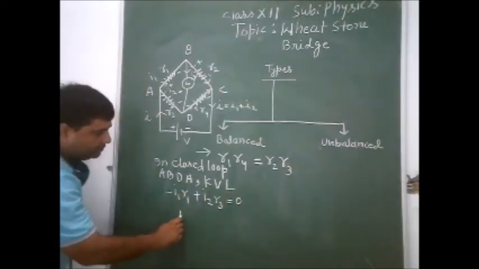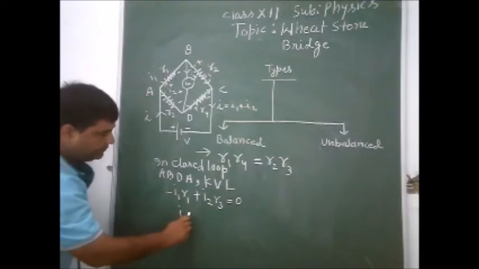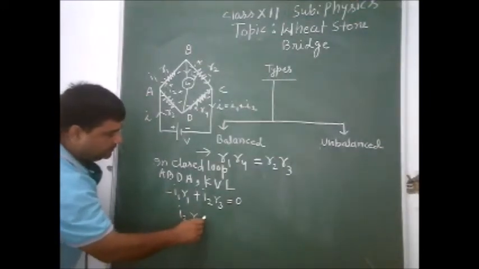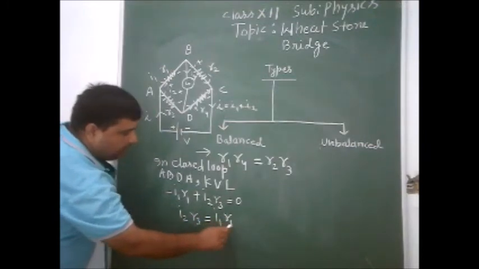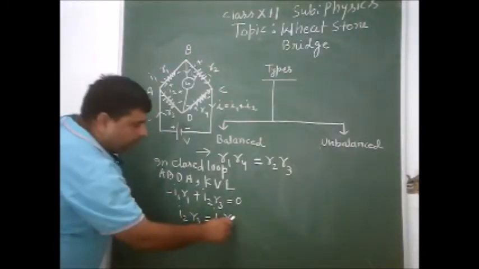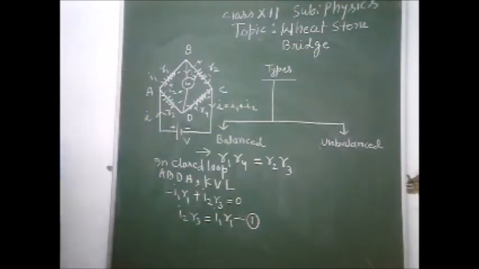This gives you I2 R3 is equal to I1 R1. This is your equation number first.